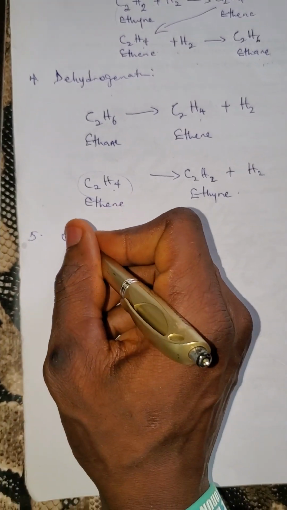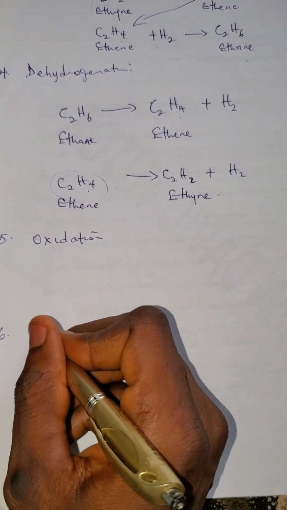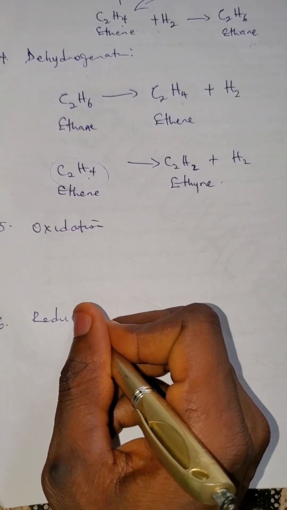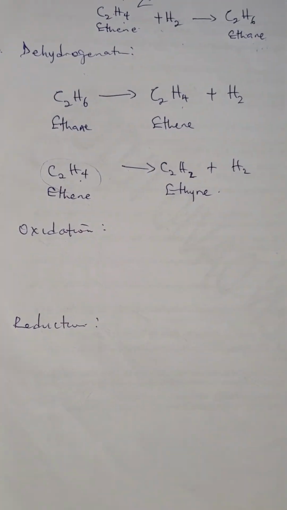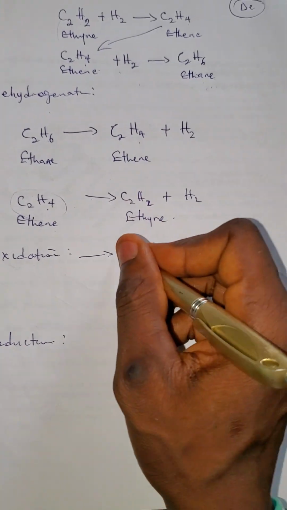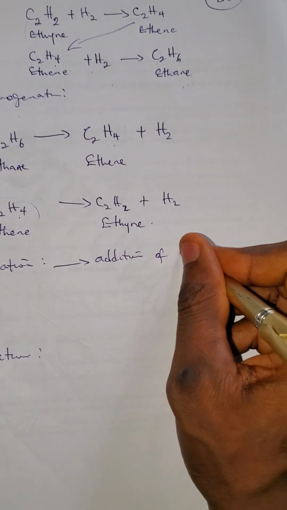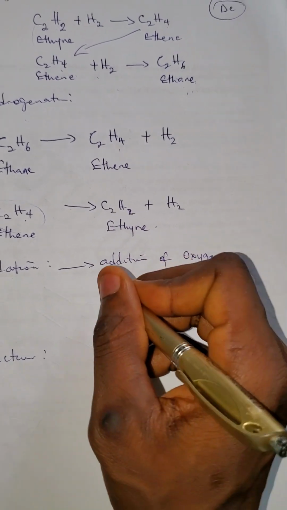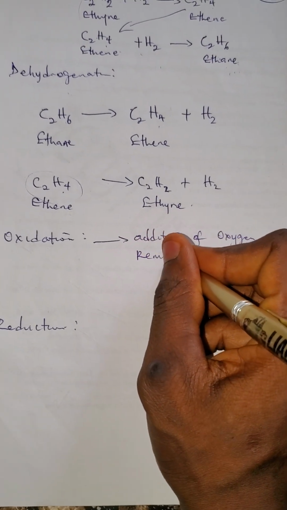Number 5 rather. I'll be talking about oxidation, and at the same time I'll be talking about reduction. Now, oxidation and reduction. Don't forget that oxidation, according to the formula, is addition of oxygen or removal of what?